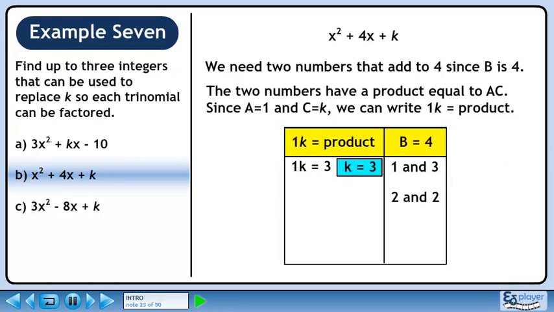Next we'll try 2 and 2 since these numbers also have a sum of 4. We then get 1k equals 4. Dividing both sides by 1 gives k equals 4.